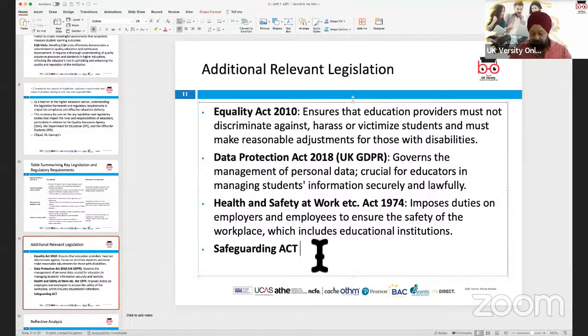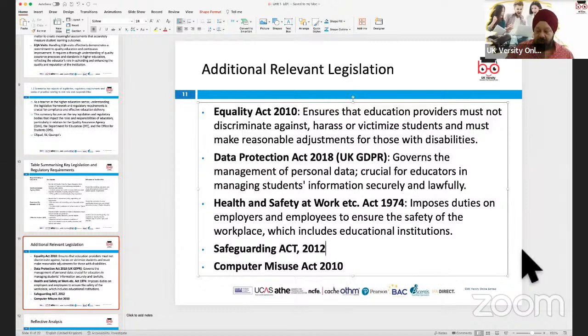I can list a few: Computer Misuse Act 2010. Obviously, the Safeguarding Act is a part of the Health and Social Care Act of 2012. There are a lot of them which we can include, but what I have done is look at some of the key ones which I think are quite important, and those are the ones I've looked at covering very briefly.